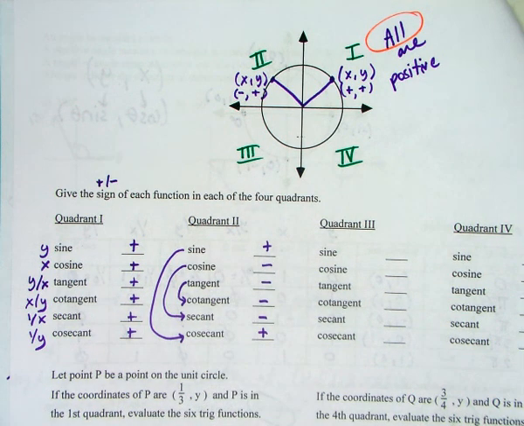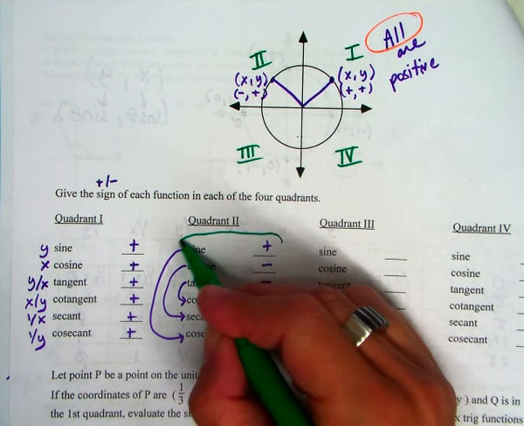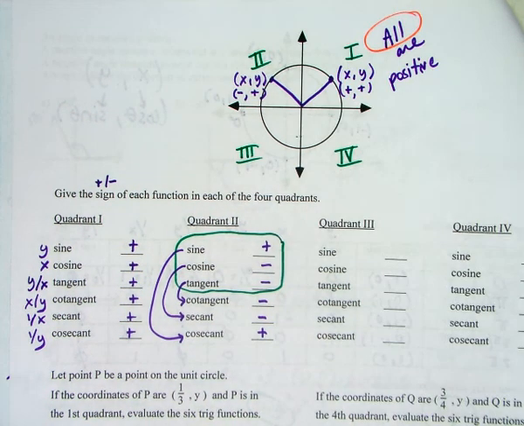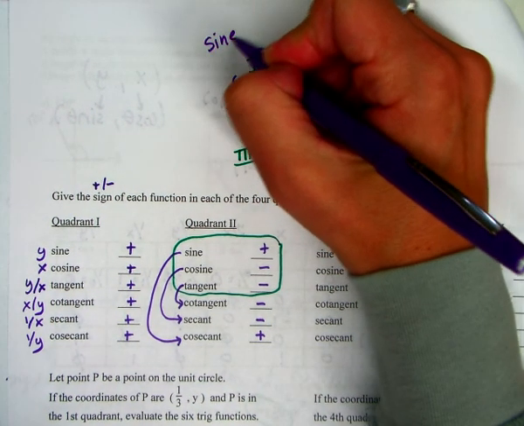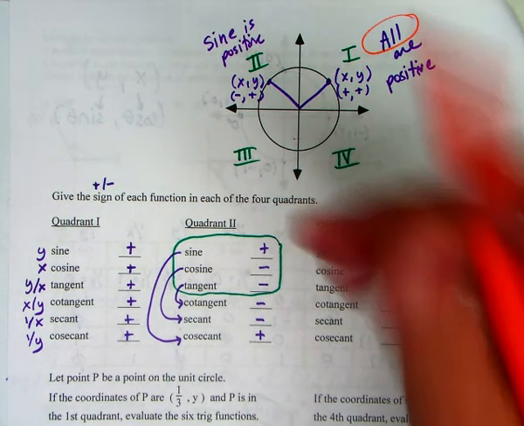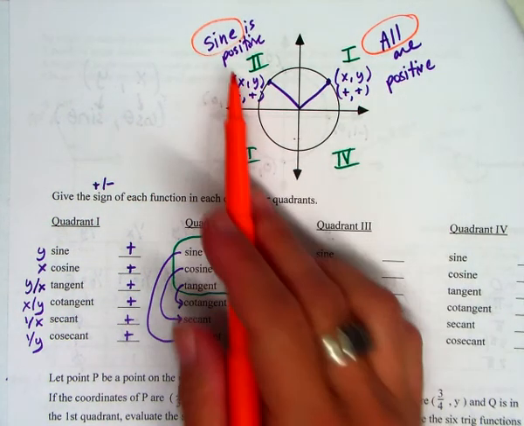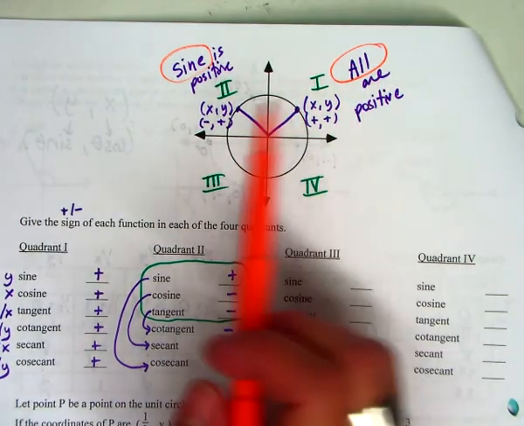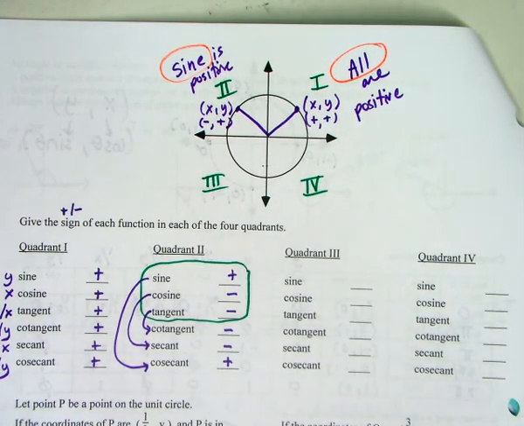So out of the first 3, which is the only one that's positive? Sine. So for quadrant 2, I'm going to say sine is positive. What you're going to try and memorize is the ones that are positive in each quadrant, because it's going to be different. So quadrant 1, all is positive. Quadrant 2, it's sine.